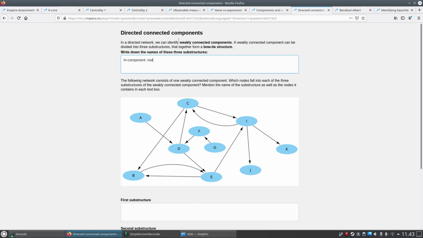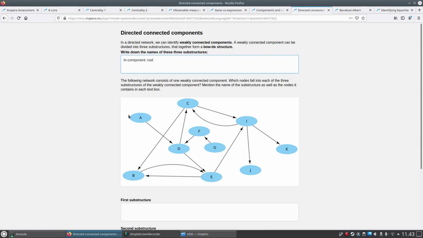Well, first of all, we can start with saying what a weakly connected component is. A weakly connected component is the set of nodes that you would get if you were to convert the directed network into an undirected network by just converting any unidirectional edge to a bidirectional edge; it would correspond to the connected component in the undirected network.